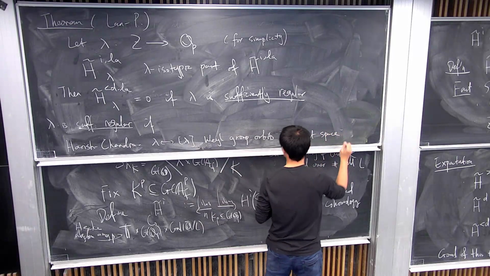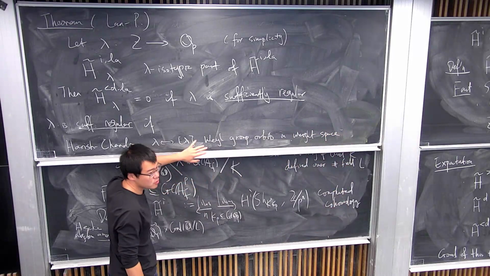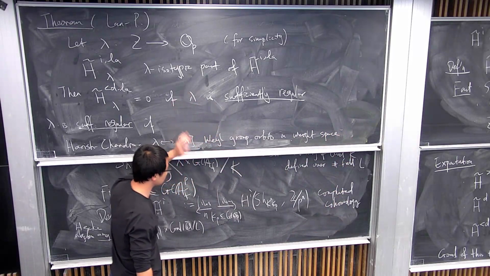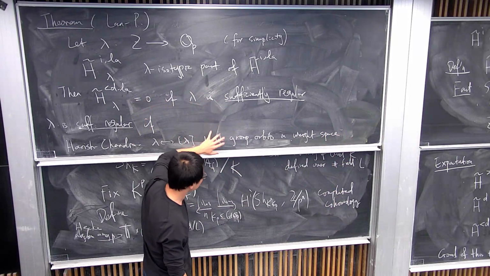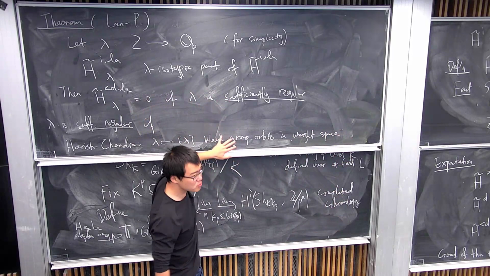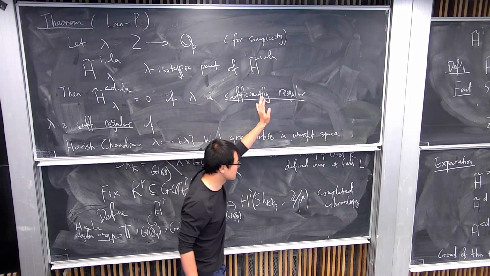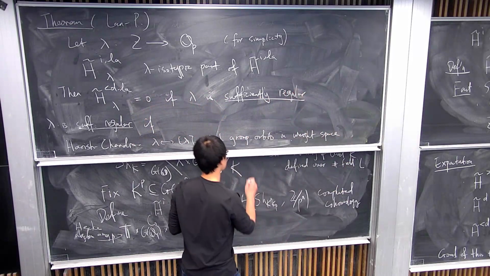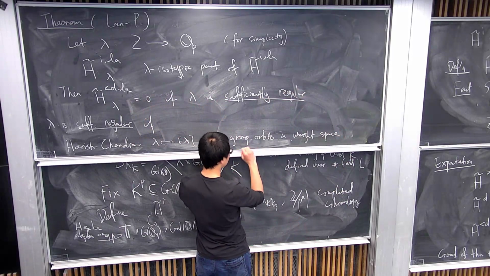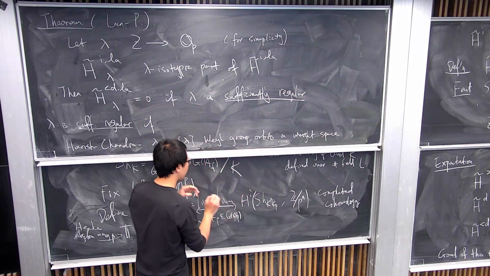And let me emphasize here: usually you will see some shift by rho, so that you consider the dot action. Here it's just the usual Weyl group action on the weight space. There's no shift by rho here, the usual action, not the dot action.